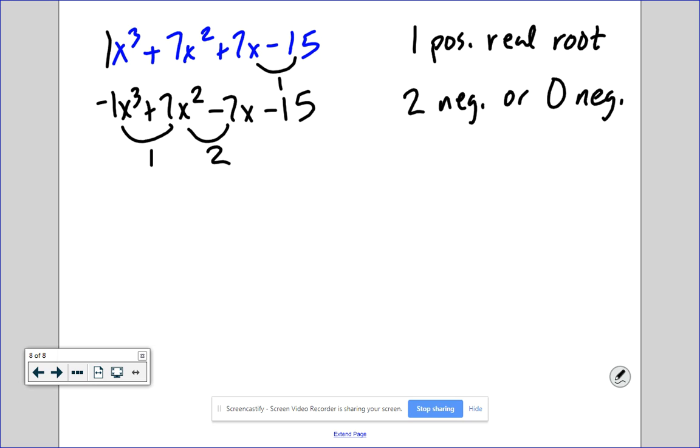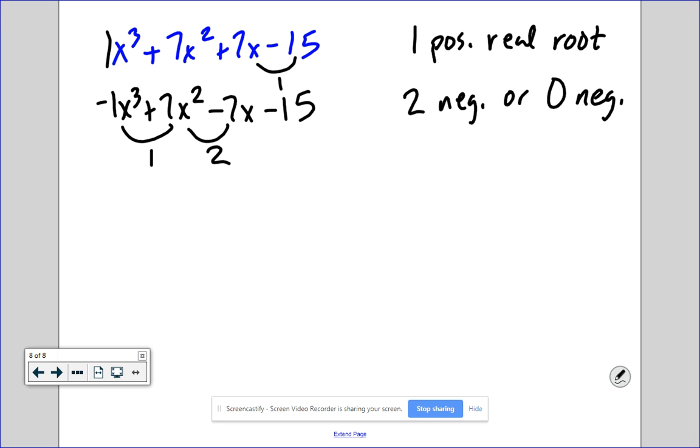So for sure we have one positive, we might have 2 negatives, or we have 2 imaginary. Right? Are you gonna make us find them? I will make sure there's not imaginaries on the test. Let's go.